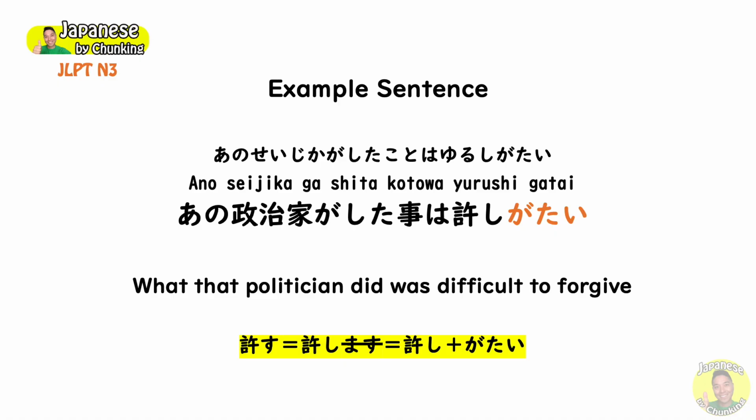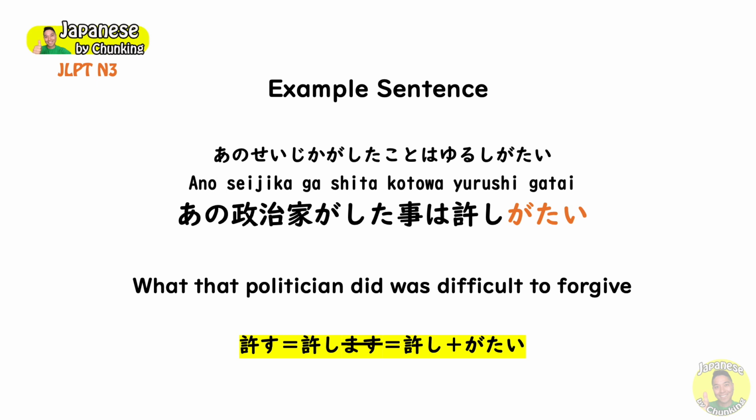次の例文です。あの政治家がしたことは許しがたい。What that politician did was difficult to forgive.